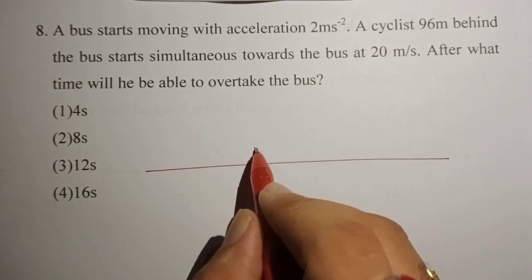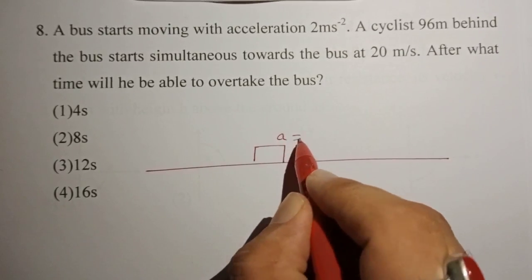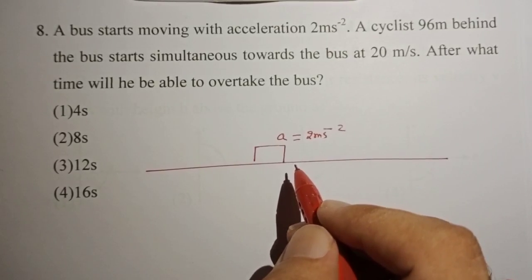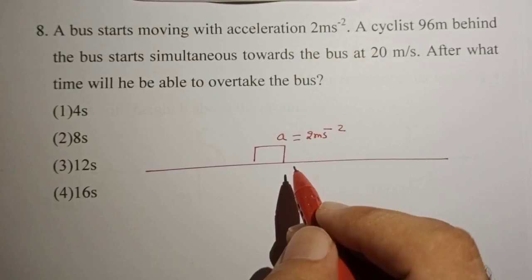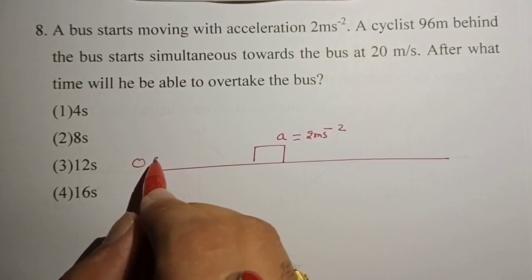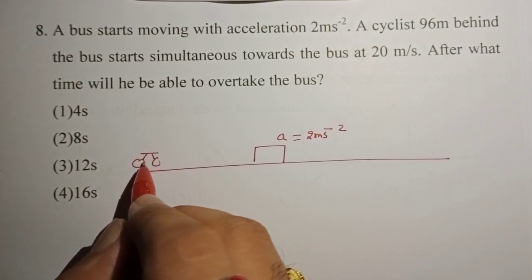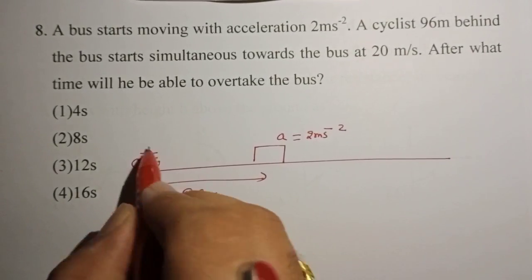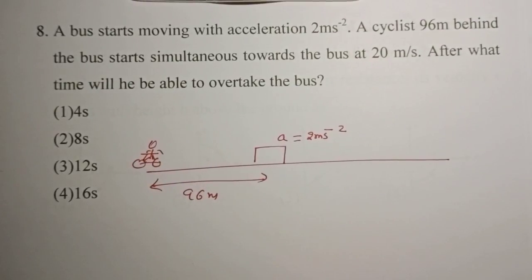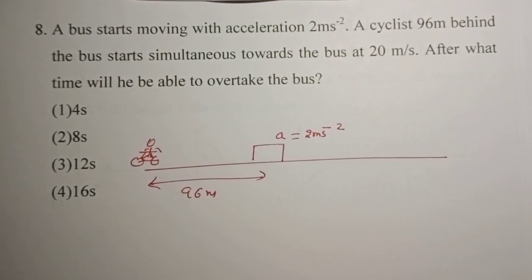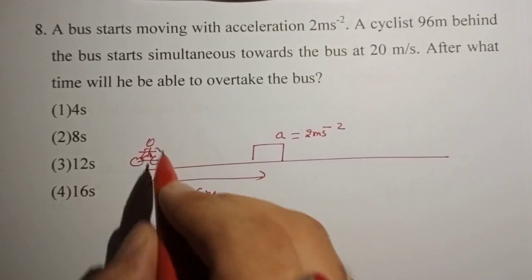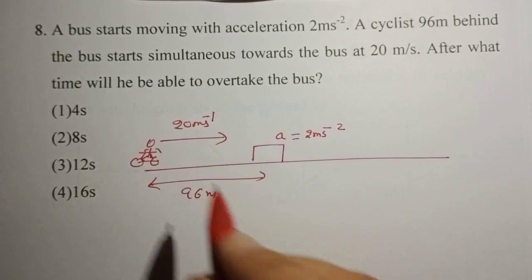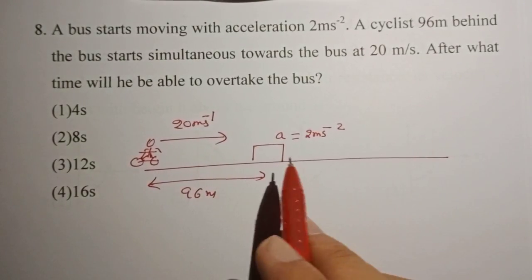The bus starts moving with an acceleration of 2 meter per second square, and there is a cyclist 96 meters behind the bus, coming with a speed of 20 meter per second.